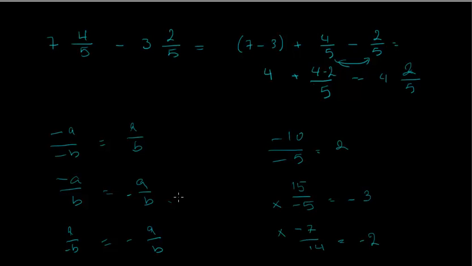I'm going to clear the table and put some examples up for you so you can try at home and practice your fractions. Let's say we have minus 18 over 42 or minus 24 over 6.